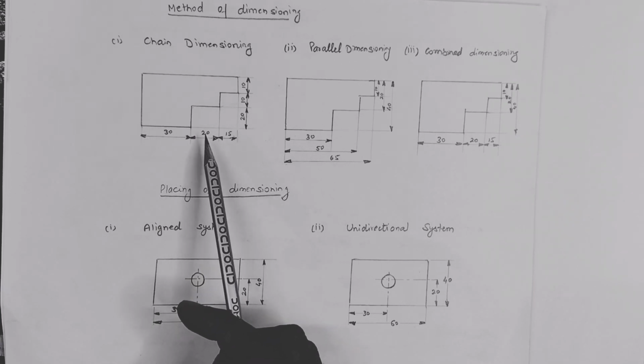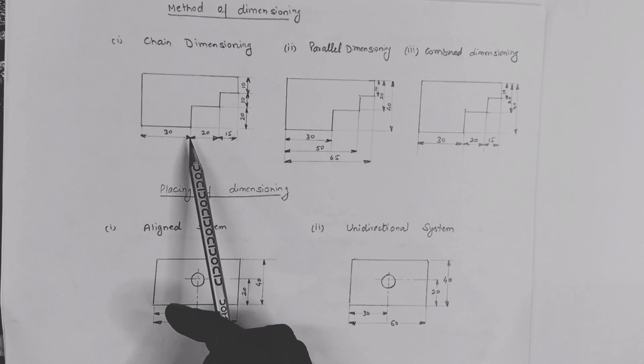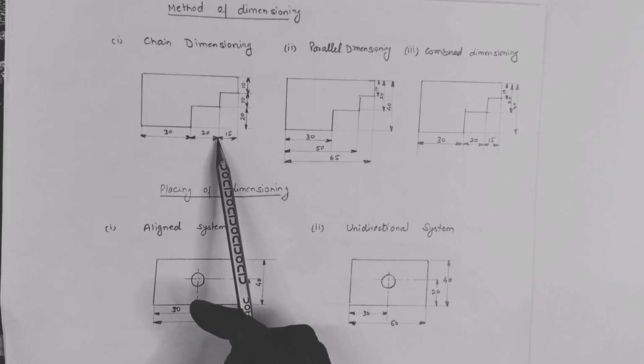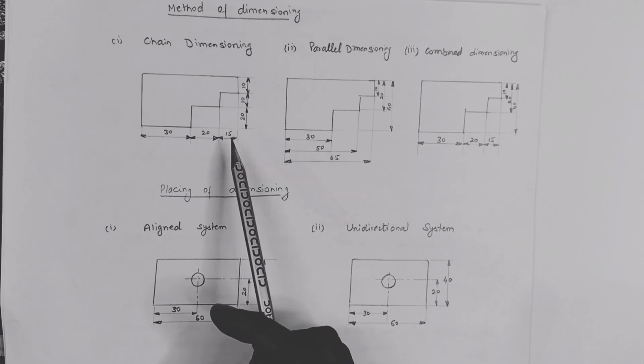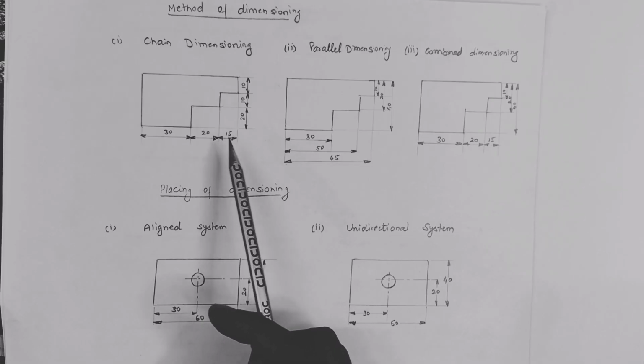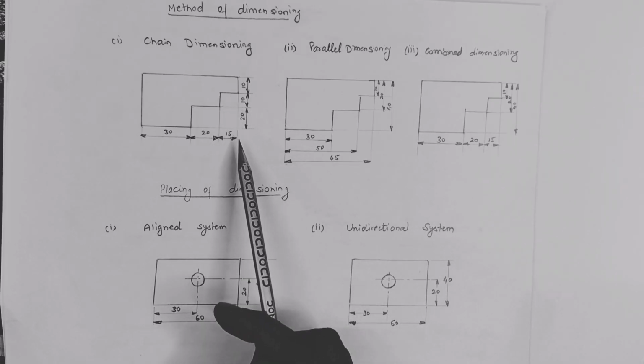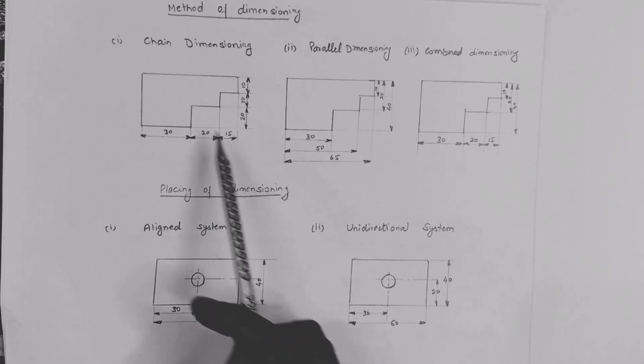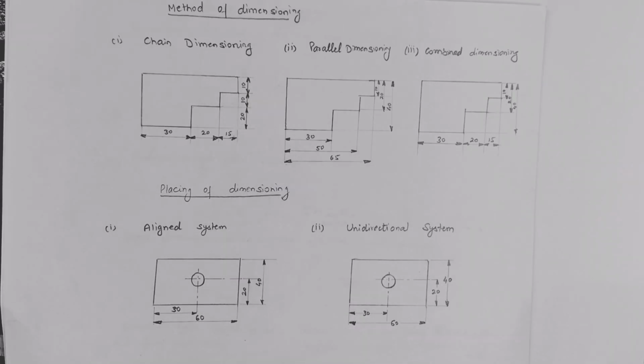The second dimension starts from the end of the last dimension line and extends up to the end of the length of the line. Similarly, the third one starts from the end of the previous dimension line to the end of the length of the object. So this will look like a chain. That's why it is called chain dimensioning.